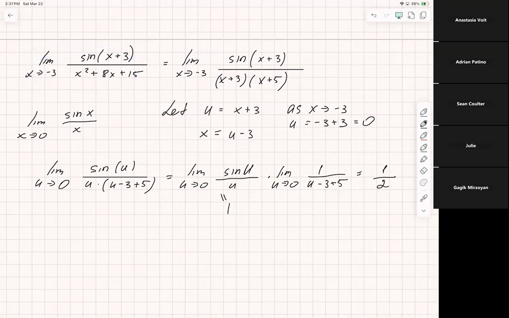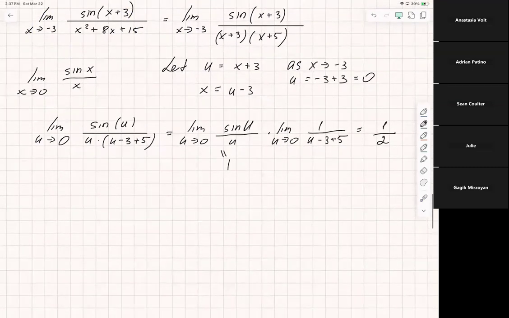Now let's do another one very similar to that. Limit as x approaches 2 of sin(x - 2) over x squared minus x minus 2. If we plug in 2 into the expression, we get 0 over 0. That's not what we want.